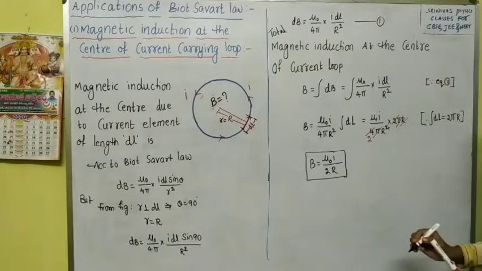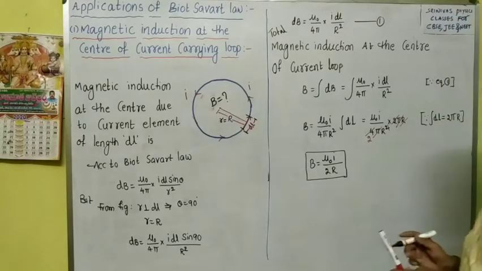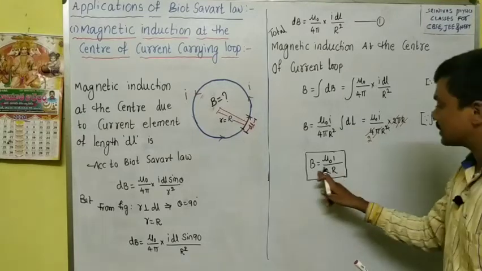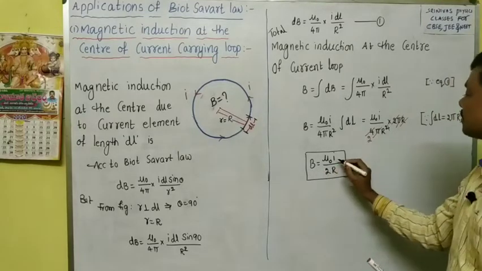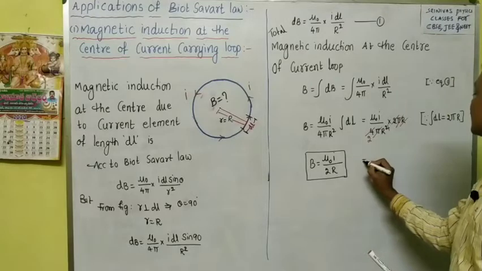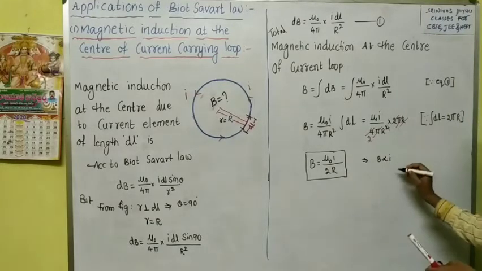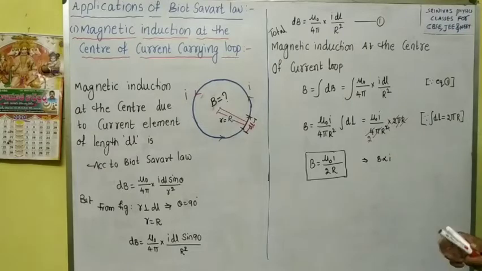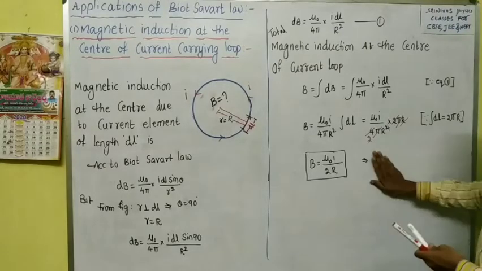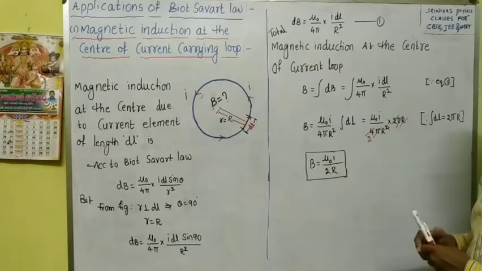Now the magnetic induction at the center of the current loop depends upon the current and radius. That is, B is directly proportional to current and inversely proportional to radius. But this is the magnetic induction due to only a current loop.